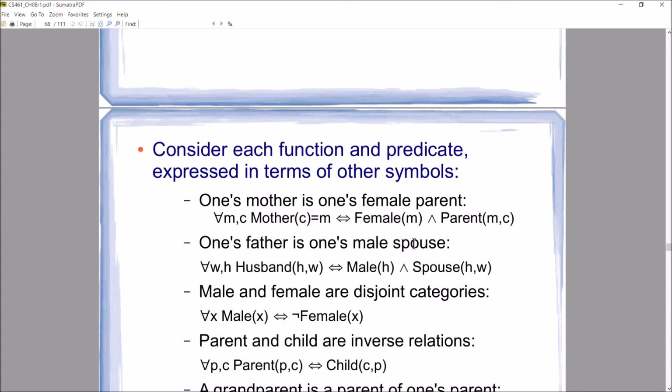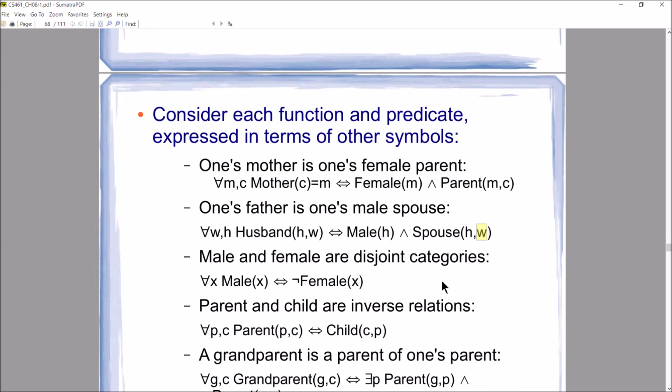So one's father is one's male spouse. For all entities, we have an entity W and an entity H. For everything in that domain, H is the husband of some W if and only if H is male and H is the spouse of that W, right? So male and female are disjoint categories for all objects within a domain.